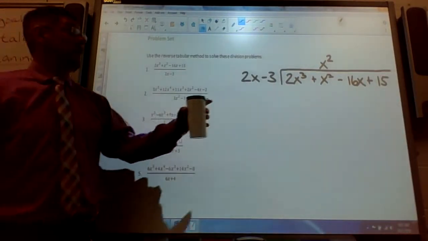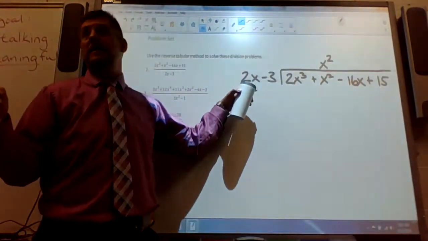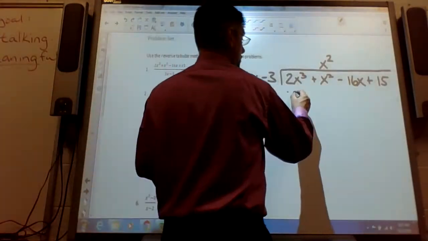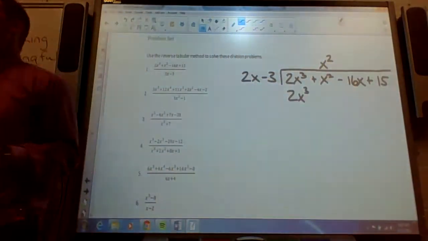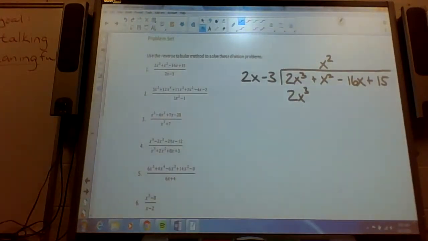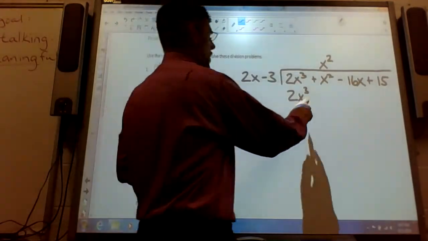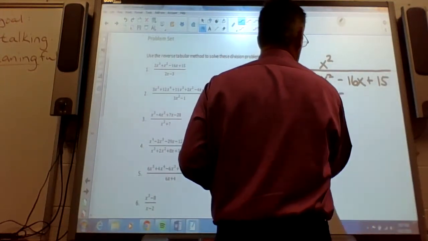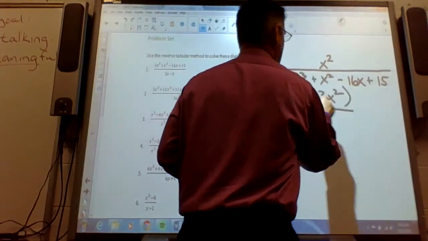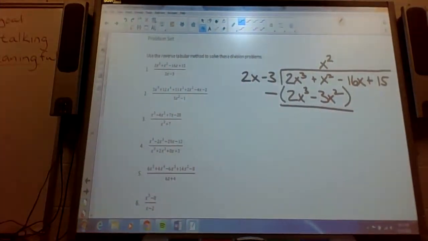Now, x squared times 2x equals 2x cubed. X squared times negative 3 gets me what? Negative 3x squared. So minus 3x squared. Parentheses, subtraction sign. Distribute the negative, yes?